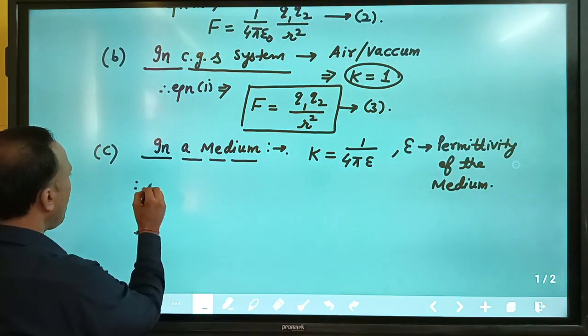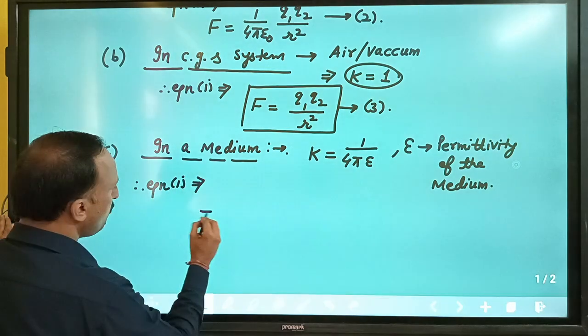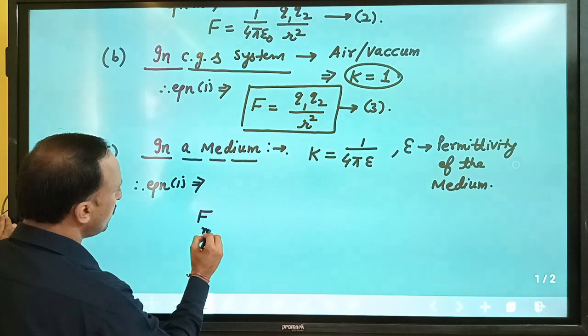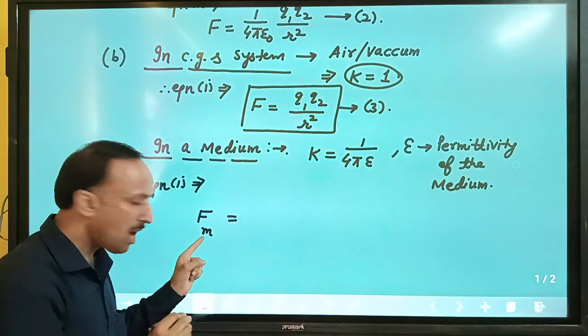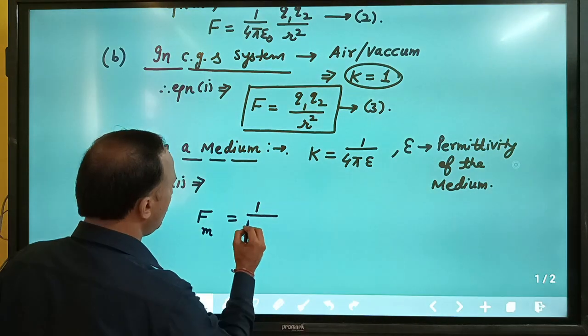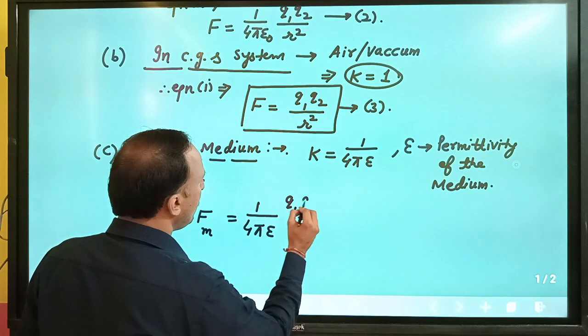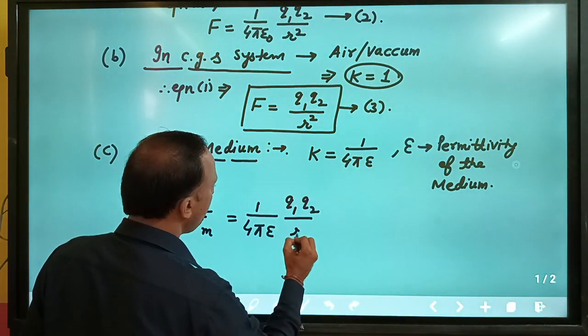It means now in equation number 1 I need to replace k by 1/4 pi epsilon. So therefore equation number 1 can be written as the Coulomb force between two charges in a given medium, m means medium. So this Coulomb force is equal to, in place of k, 1/4 pi epsilon Q1 Q2 divided by r square.